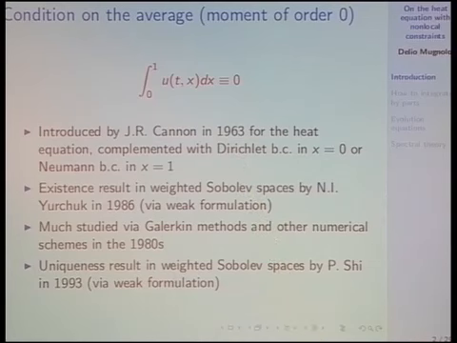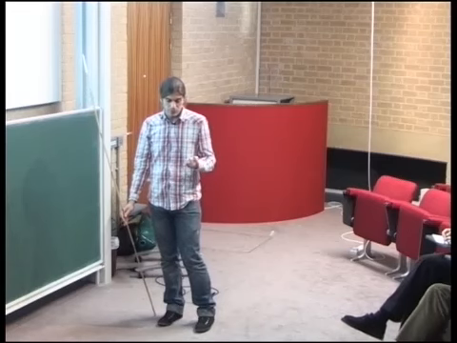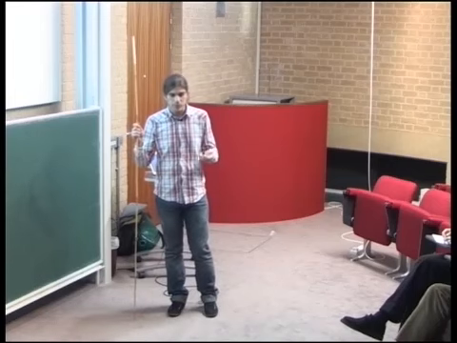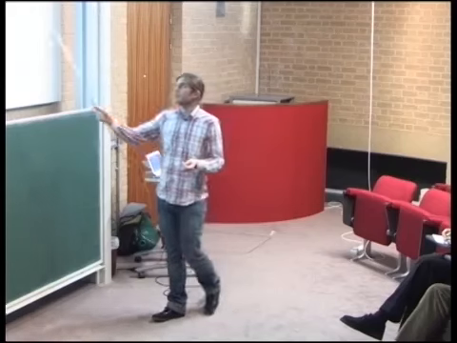And well, if you just think a bit, for a heat equation with standard boundary conditions, you need two conditions. The reason is that if you want to solve the elliptic problem, so the eigenvalue problem, of course, you need two conditions to specify an eigenvector. And this condition is, of course, just one.